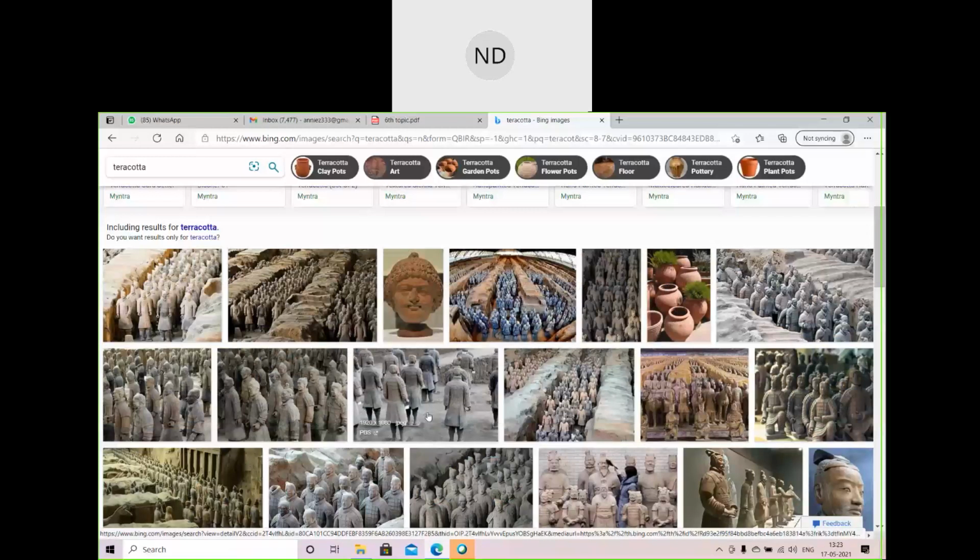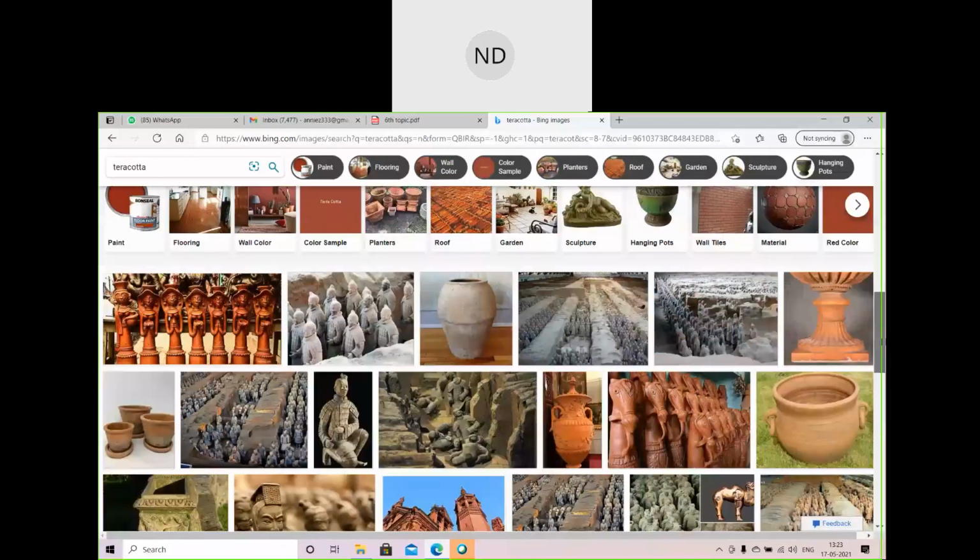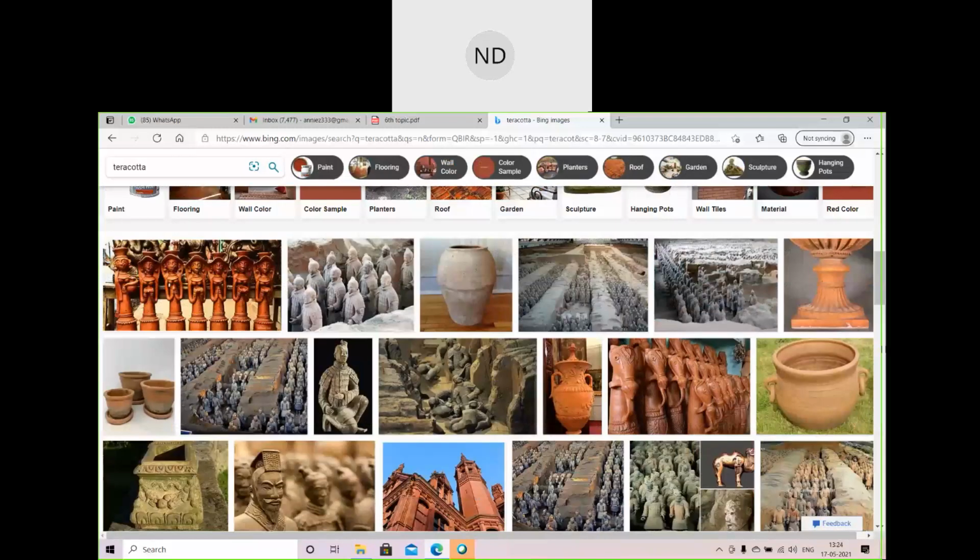This is simply a form of clay which is given different shapes and sizes. These are just the forms I'm showing you, but these can be used in your houses also.